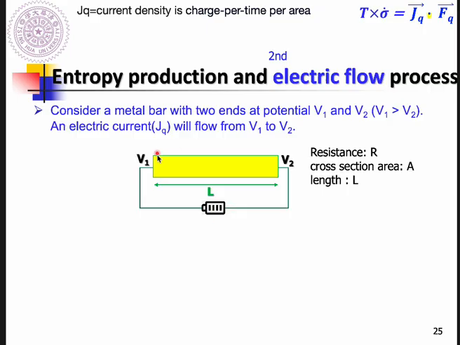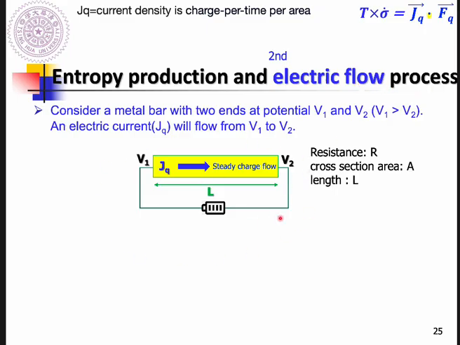So that will lead to an electrical potential gradient, V1. We assume V1 is larger than V2. So that will lead to the current passing from the left-hand side toward the right-hand side. And after a while, when the system reaches steady charge or current flow, then we have a steady electrical flow process.